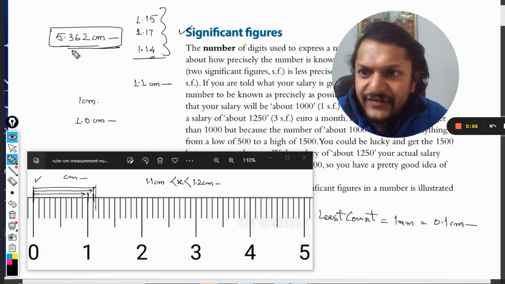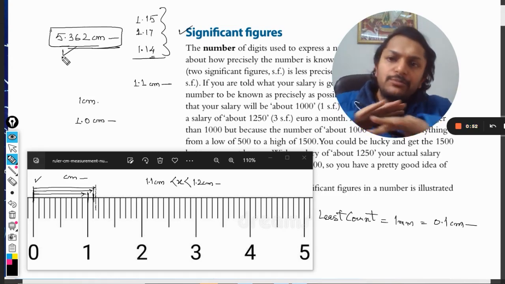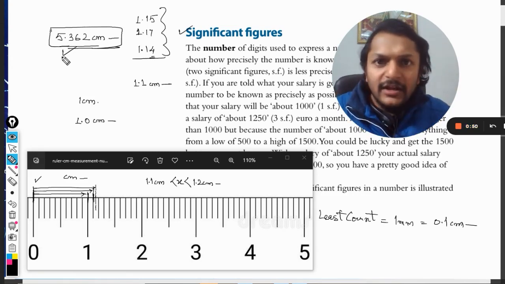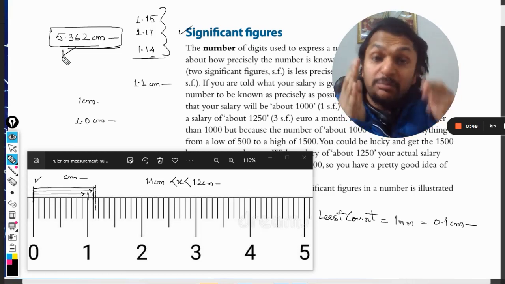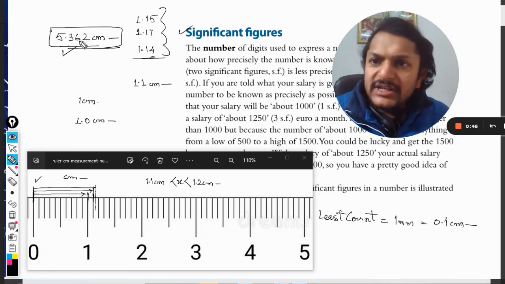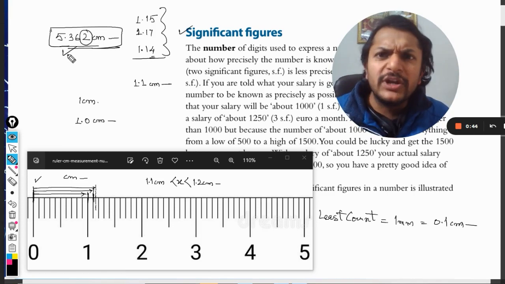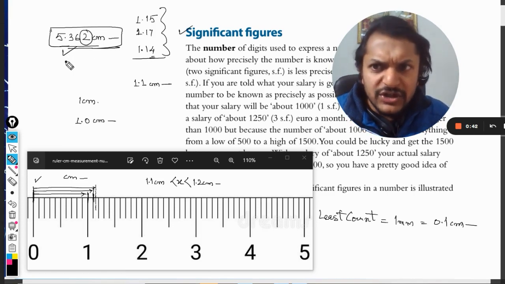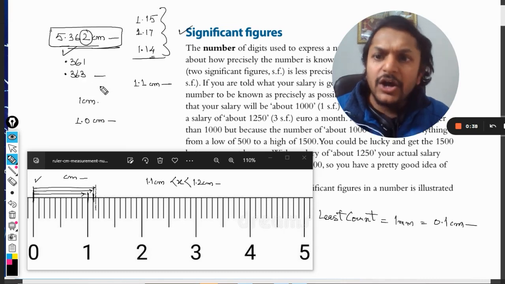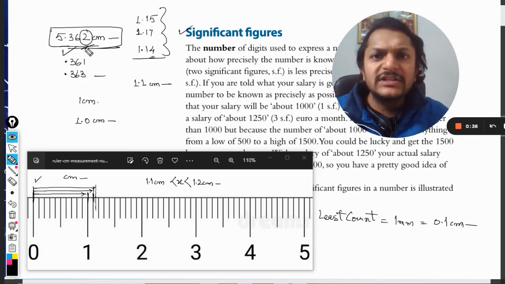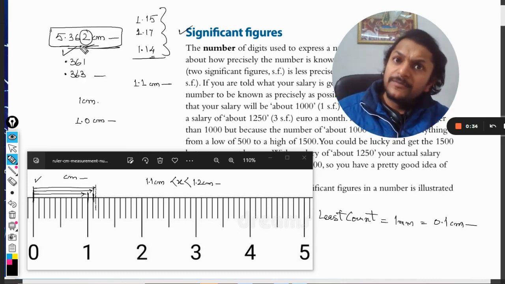If I have a super scale in which I am measuring even beyond millimeters, I am not sure about this too. It can be 5.361, it can be 5.363 or something. So this 2 is a doubtful digit.